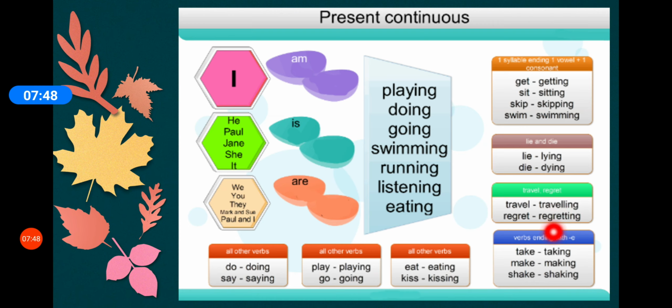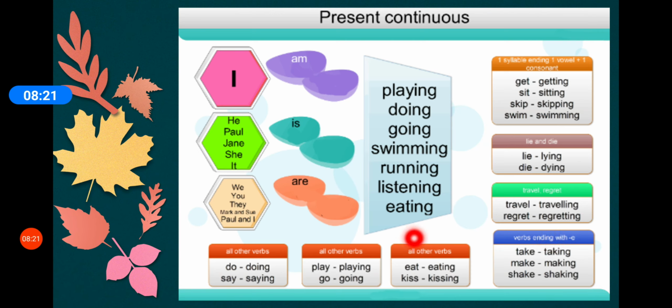The last alphabet is doubled, regretting, TING. For the verbs that end with E, we remove the E and just add ING. For example, take, taking, TAKING. There is no E in the spellings of taking. Similarly, make, making, shake, shaking. Right, children?